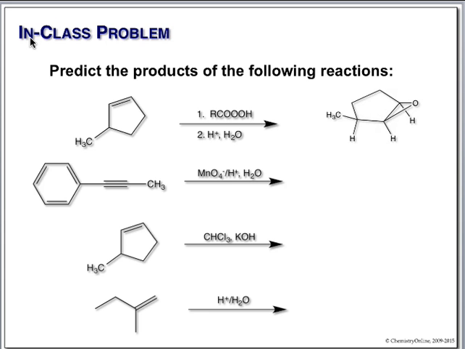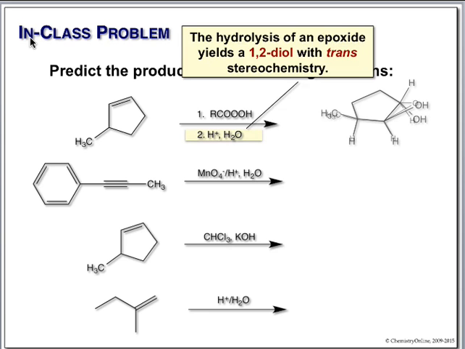This is our immediately formed epoxide. All I've done is put the oxygen right here where our double bond was. And then step 2, we do our ring opening. And we form a trans 1,2-diol.